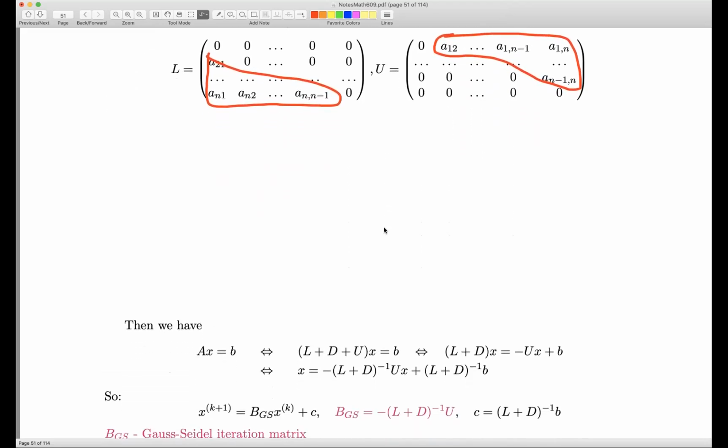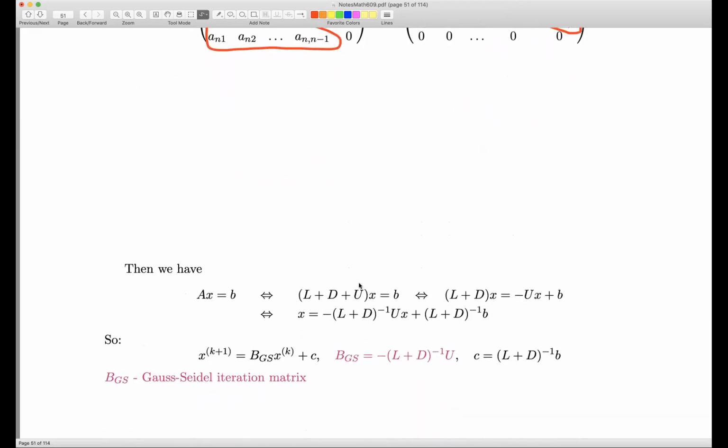And again, as before, instead of AX is equal to B, we write (L plus D plus U)X is equal to B. And so we have (L plus D) multiplied by the vector X plus U multiplied by the vector X is equal to B. Before, we left only DX on the left hand side and moved LX and UX to the right. Now we will move UX to the right only. And this is what we're going to end up with.